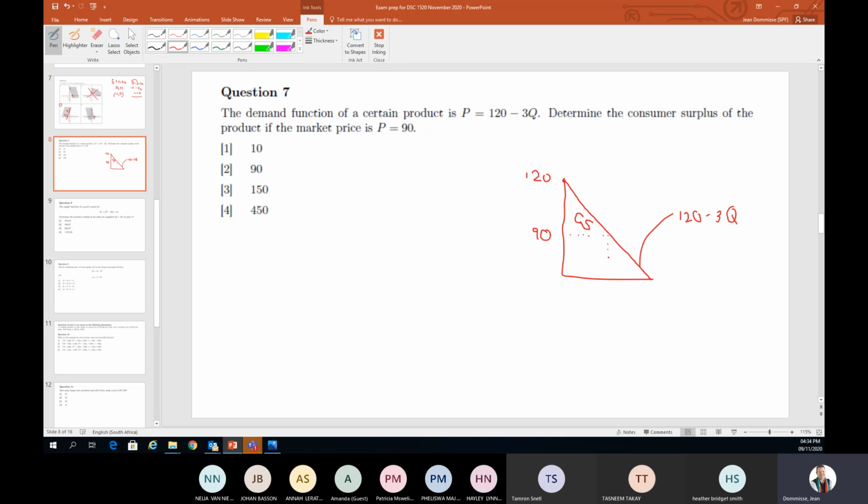Okay, first we'll need to work out what Q is so that we can say, well, that area that I need to work out is half times base times height.